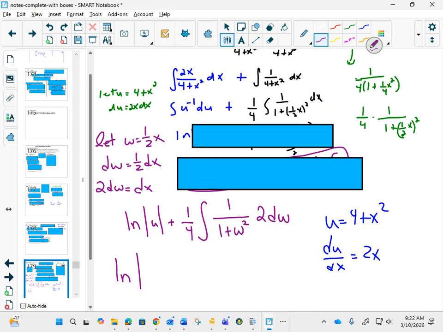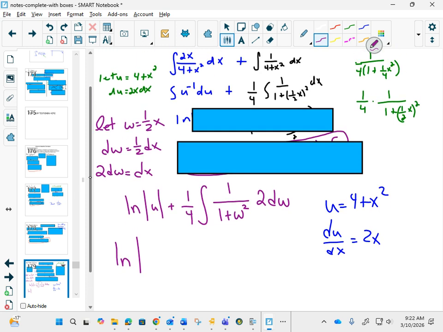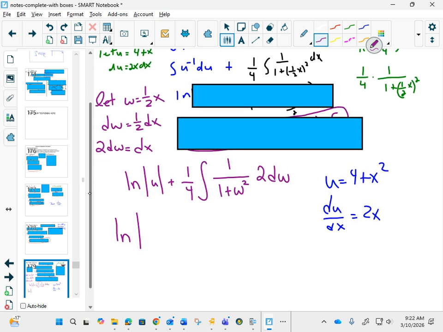I can substitute back in and actually notice here u was 4 plus x squared. You see, I took away the absolute values because 4 plus something squared is positive. So I don't need the absolute values.